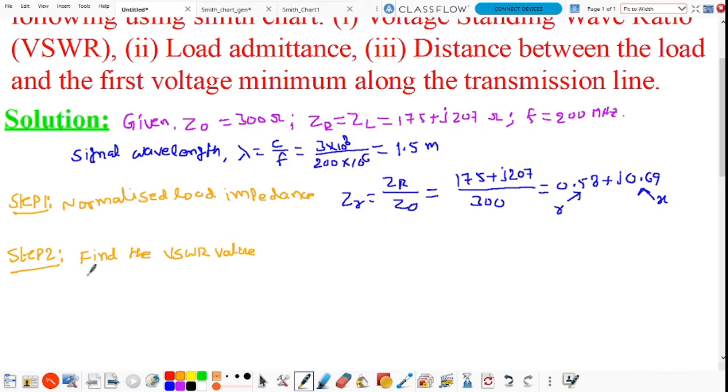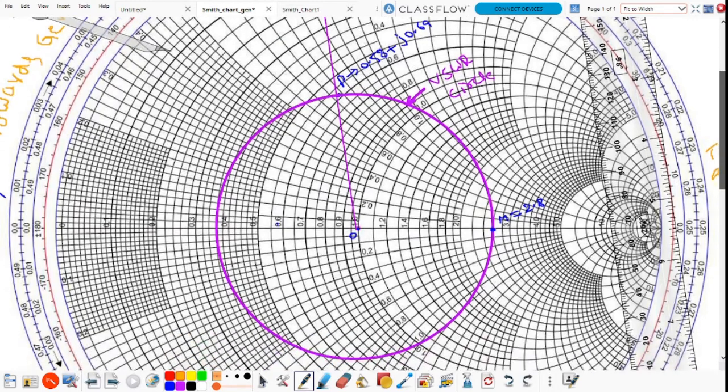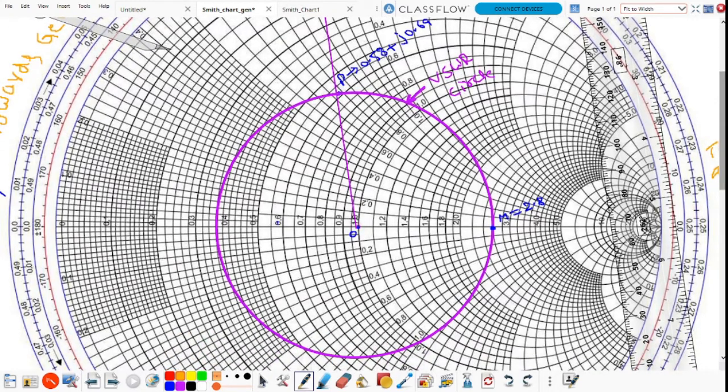Next, second step, find the VSWR value from the Smith chart. How to calculate the VSWR value? Taking the center as point O and the radius as OP, the VSWR circle is drawn.